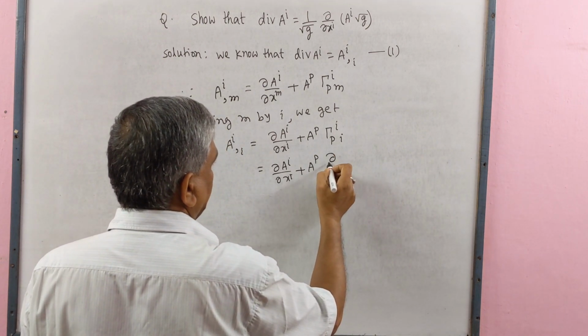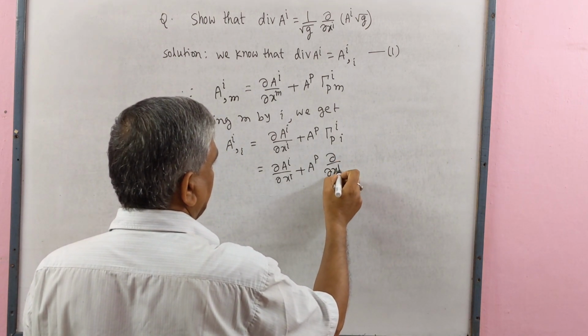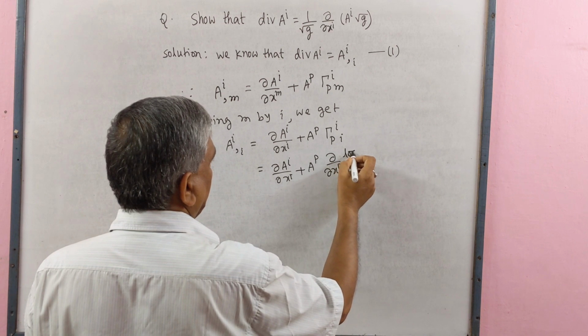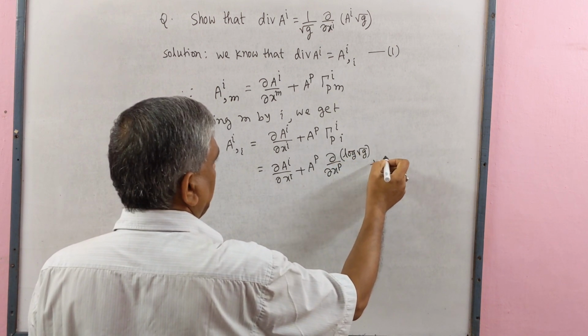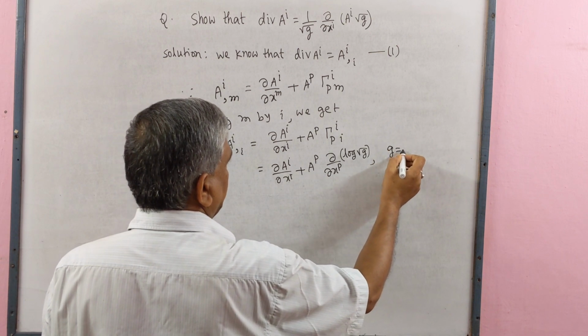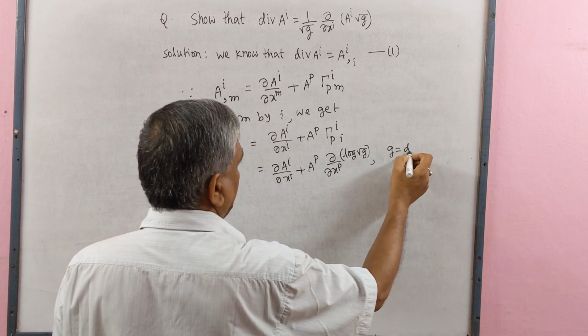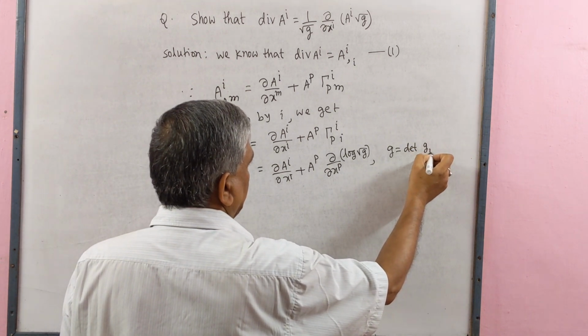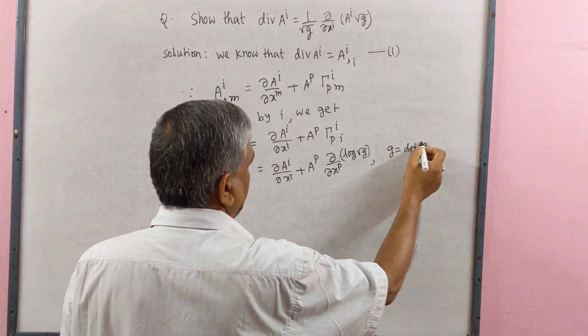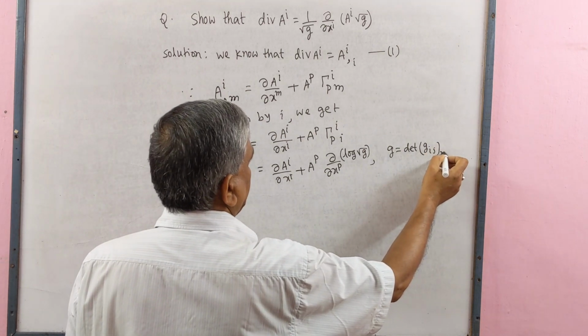So this is equal to del by del x^p of log square root g, where g equals the determinant of g_ij, n by n.